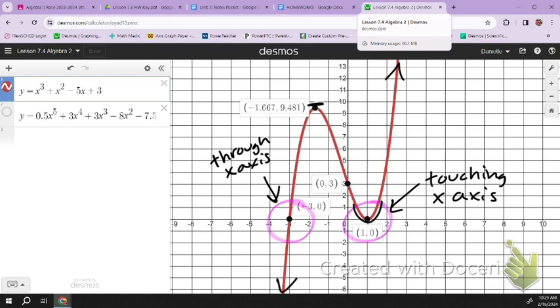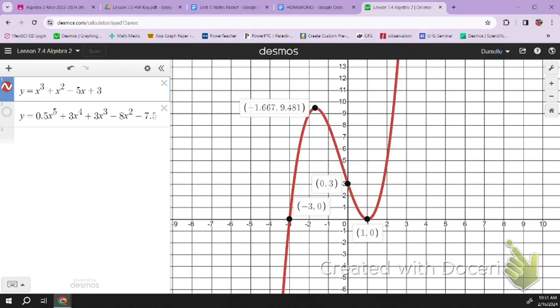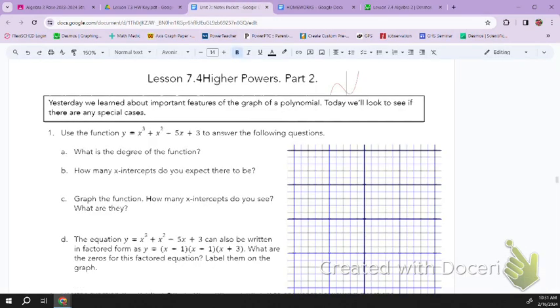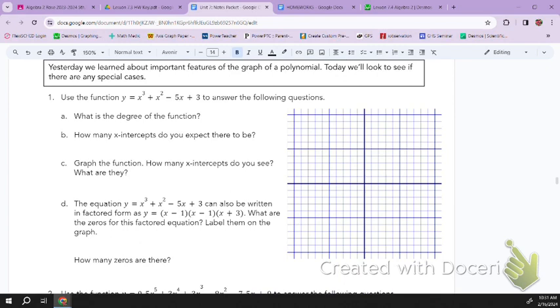So let's sketch it in our lesson packet, if you haven't done so. It's touching at 1. It's going through at -3. And it reaches about 10.